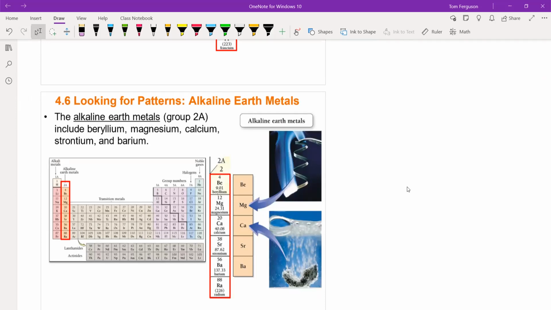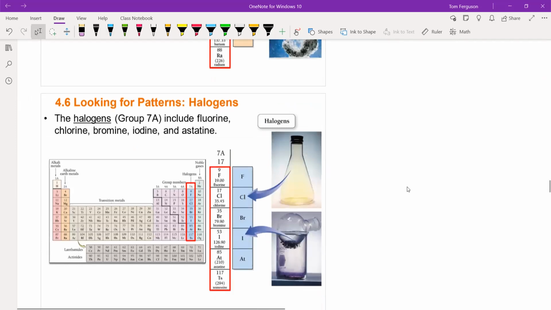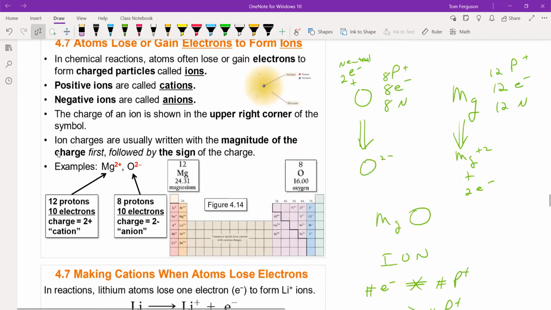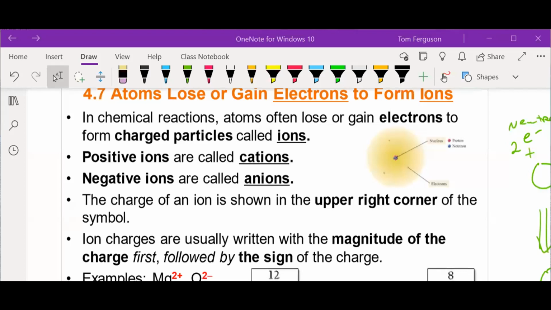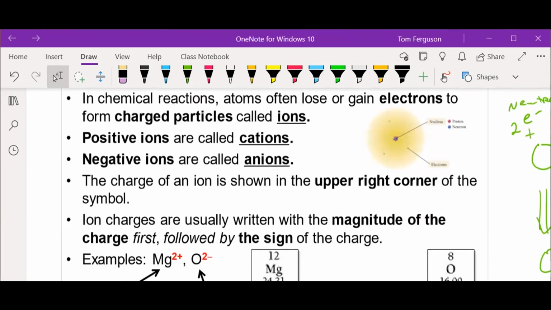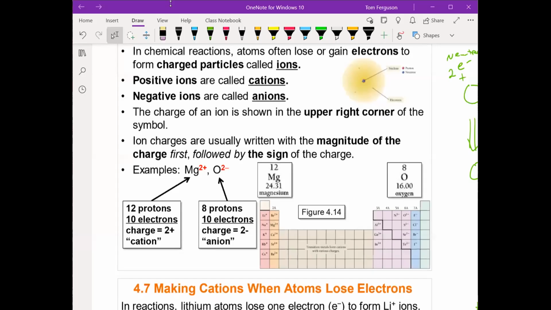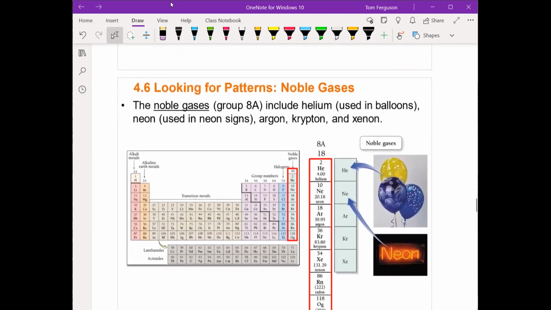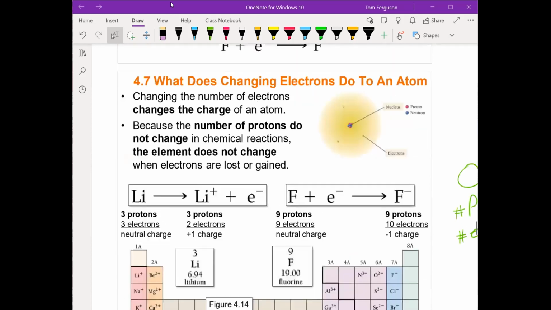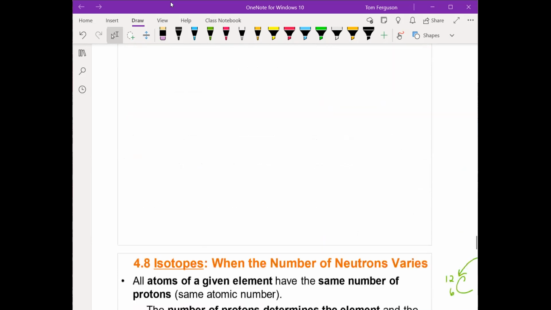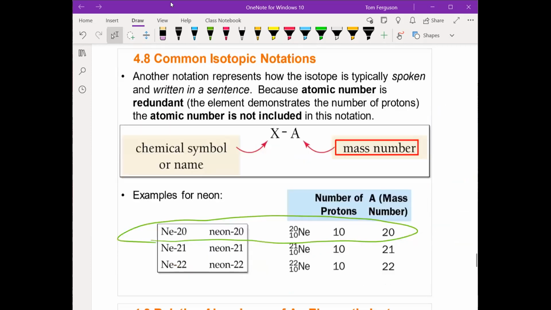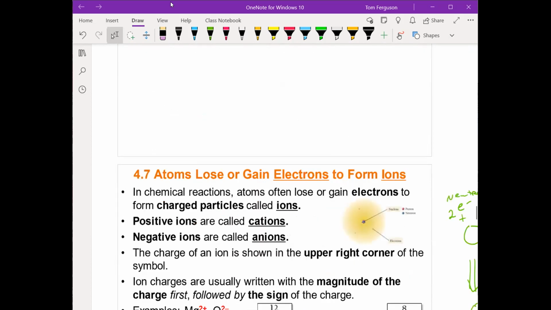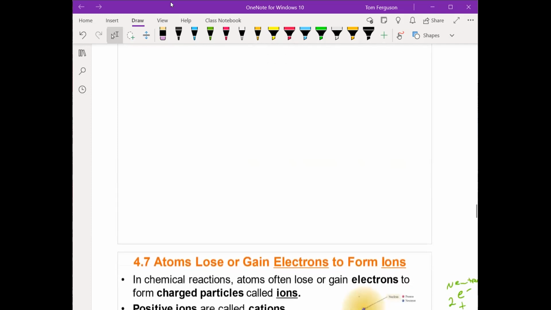Now there are two trends I want you to know about. Trends are covered further down.